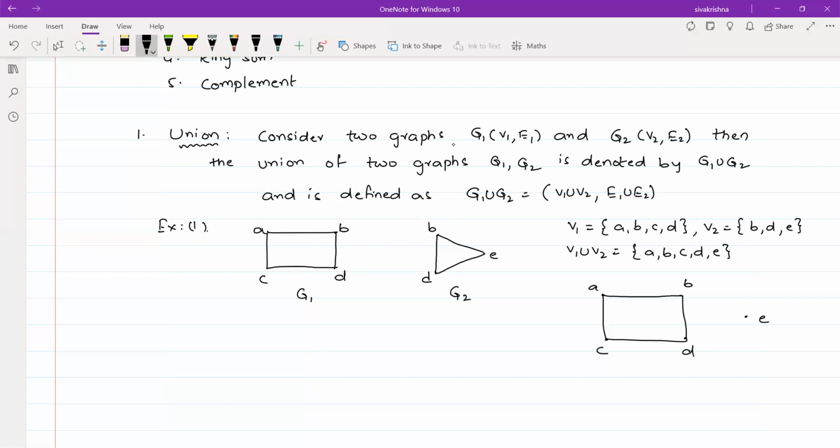After that we have to represent an edge in between B and E, so I am representing the edge between B and E. And also we are having an edge from D to E, so once again I am drawing an edge from D to E. So this is the graph G1 union G2. Okay, so this is the definition of union of two graphs.